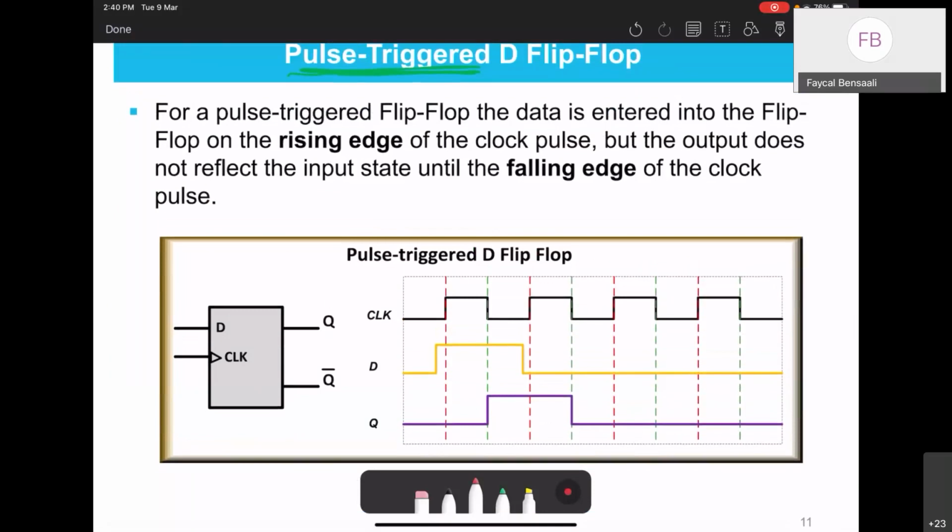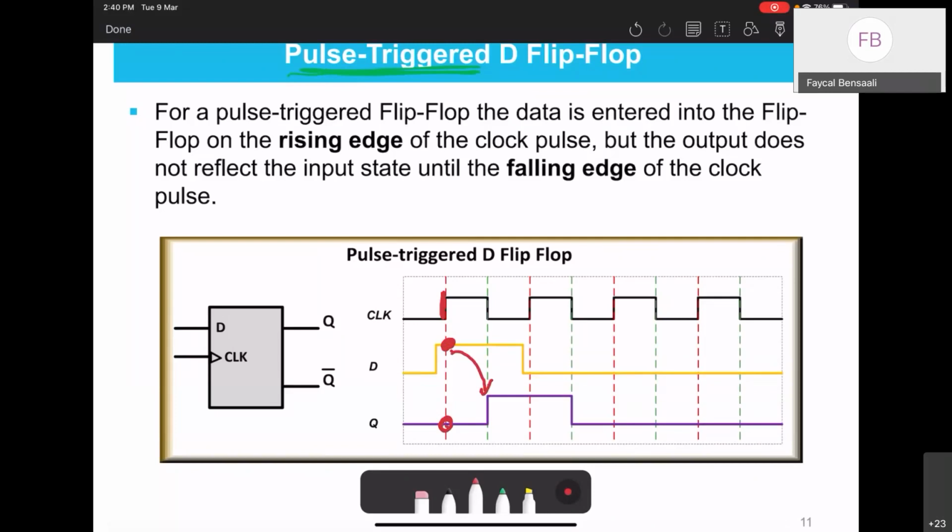So for the rising edge, we check D. But Q will not be updated at this time. We take the value of D. D is 1. And then we update it on the falling edge. So Q does not change on the rising edge.